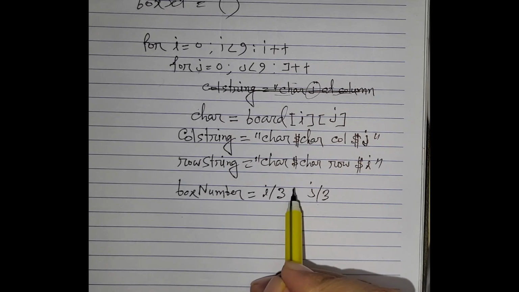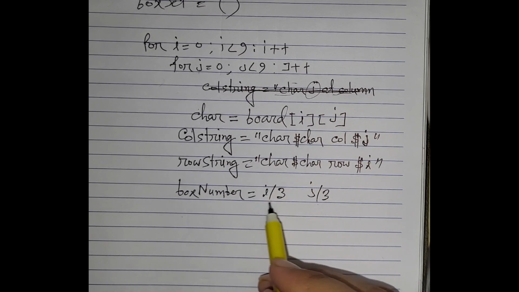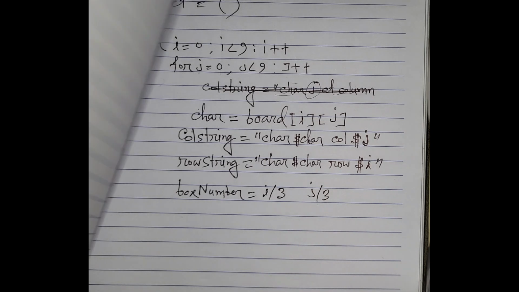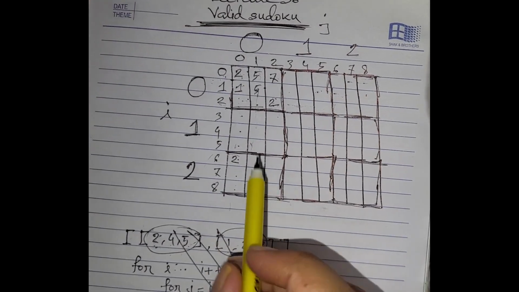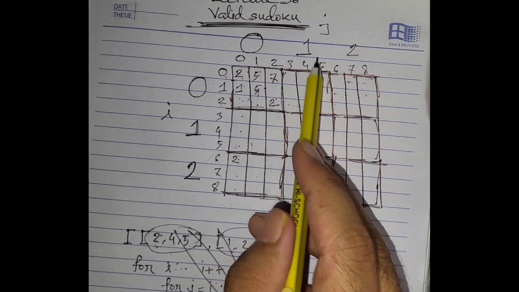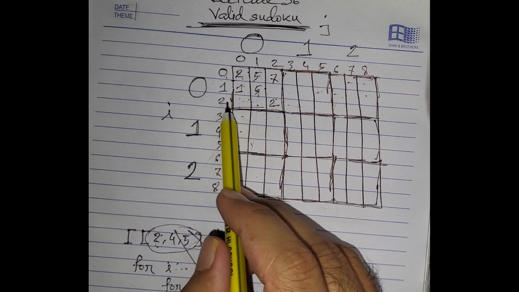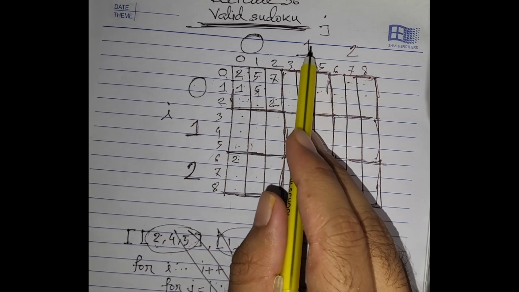I by 3 for the first item will give us 0, and for the first column j by 3 will also give us 0. For this one, j by 3 will give us 1, and row will give us 0, so this box is at 1, 0.